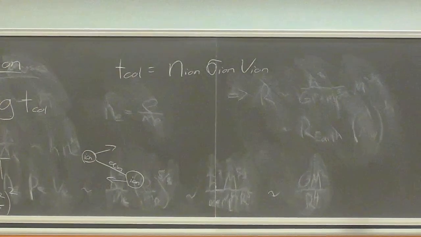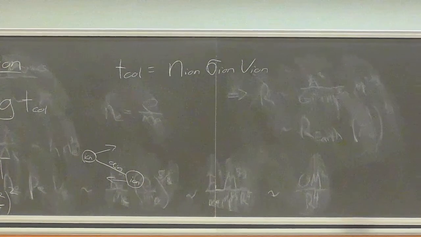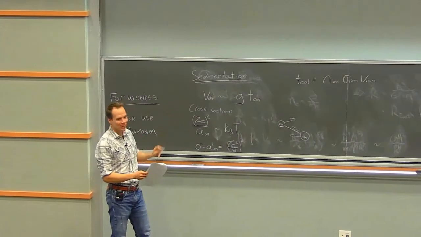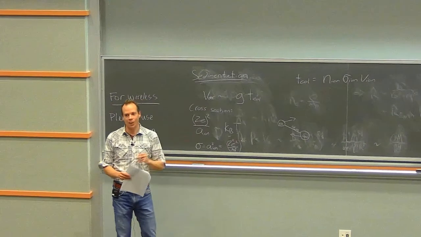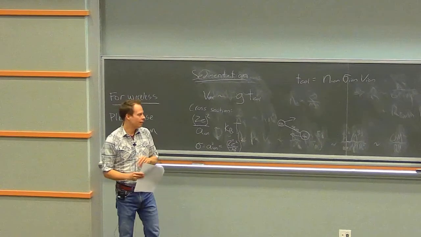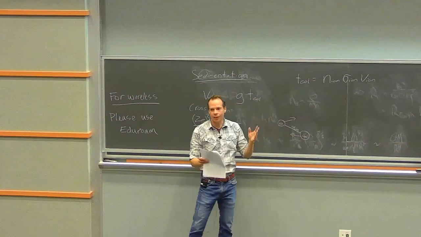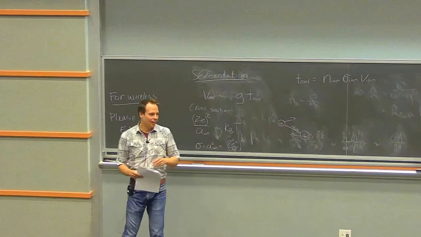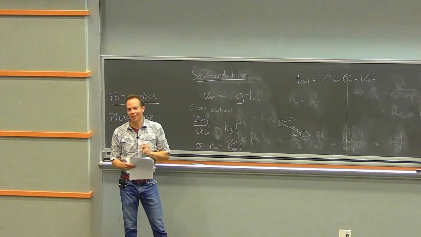Did you not say that this was a dense gas? Oh yeah, very dense. So why is there not the distribution function? Yes, I'm not doing any of that. I'm just doing order of magnitude. If you want to do this exactly, it gets very complicated with the distribution function. And there are electrons flying around in here. There's screening. There's all kinds of other effects that make this actually much more complicated.